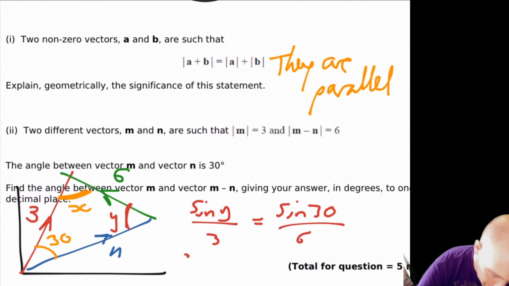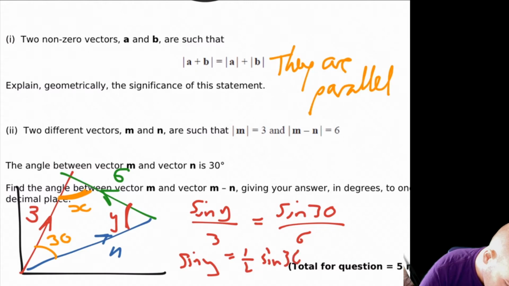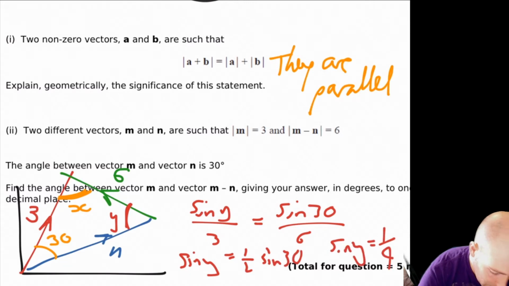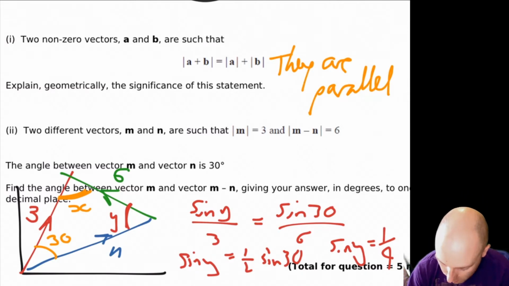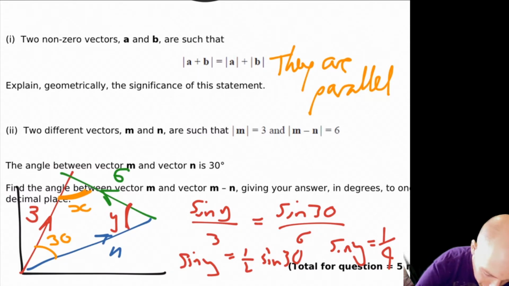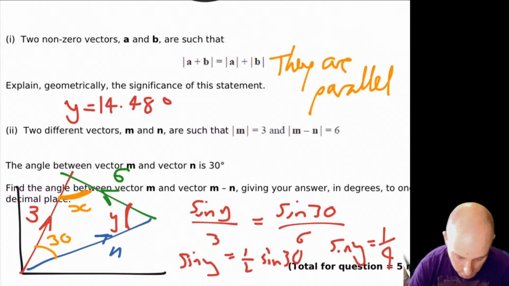Times both sides by 3 to get sine Y is half sine 30. Sine 30 is a half as well, so sine Y is a quarter. Arc sine of a quarter to find Y, and we get Y is 14.48 degrees. So that's this angle here.